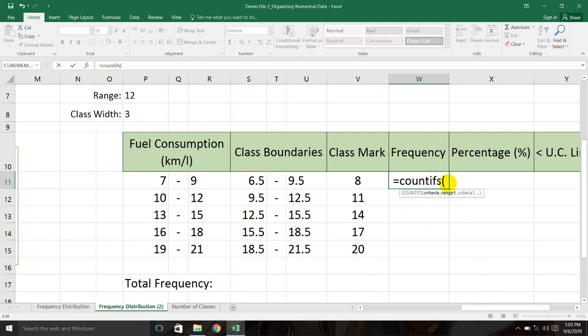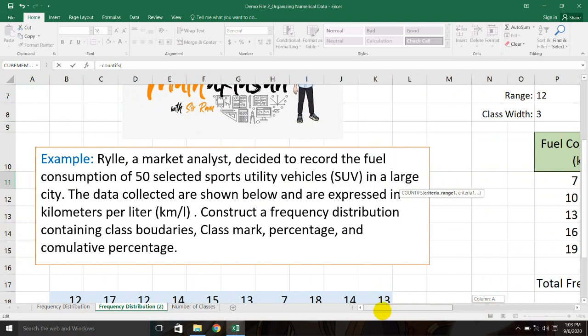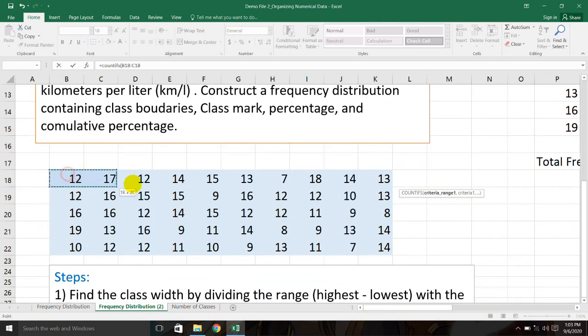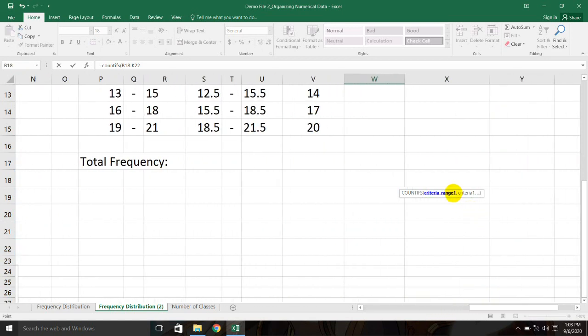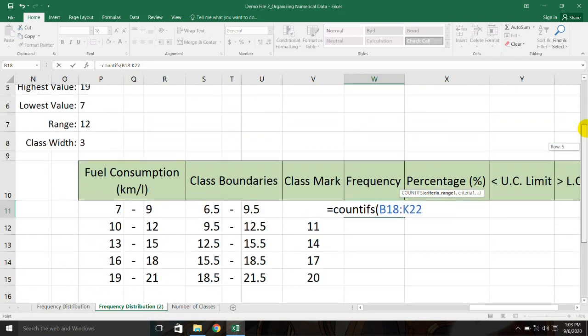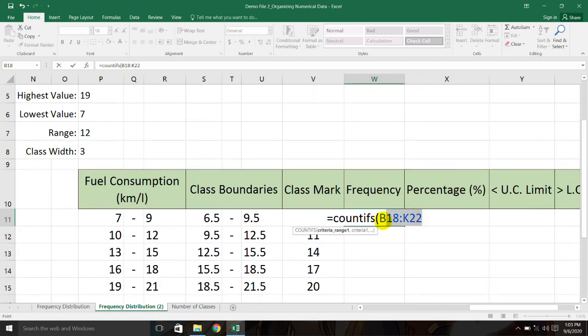So to do that, we need to type this formula and then we need to select our range. So our range is this one. And I need to use the absolute reference, right? Because if we want to copy paste the formula, we're going to need this. And for that, I'm going to press F4 on the keyboard.